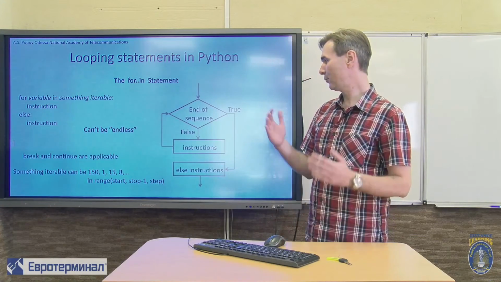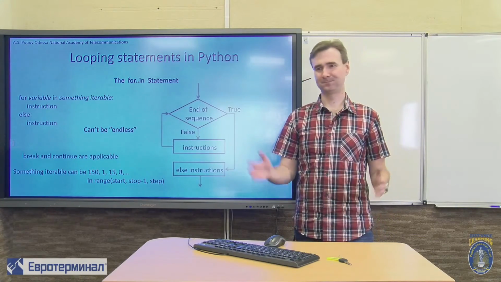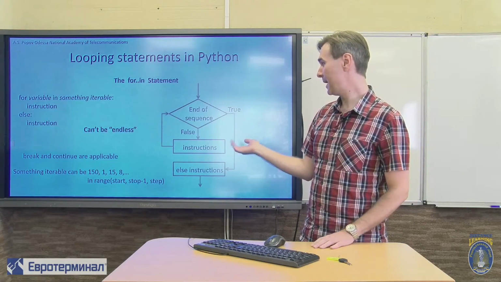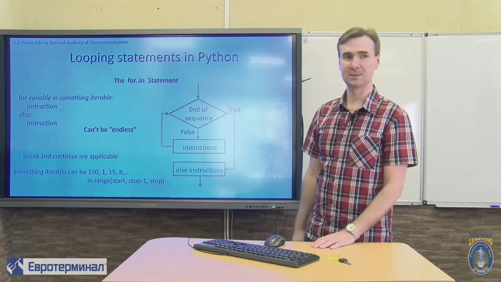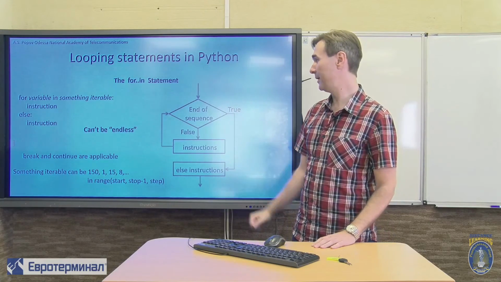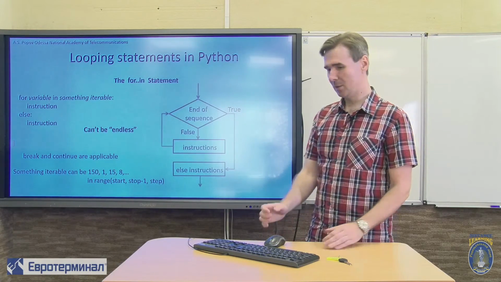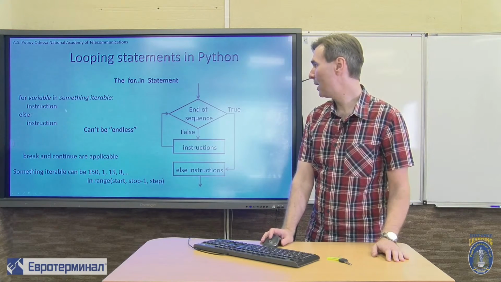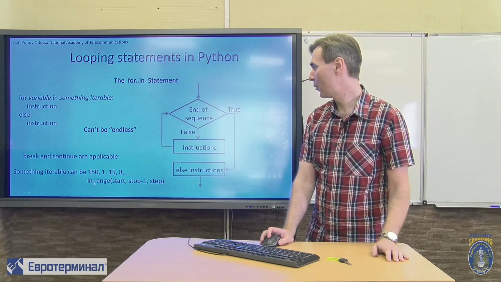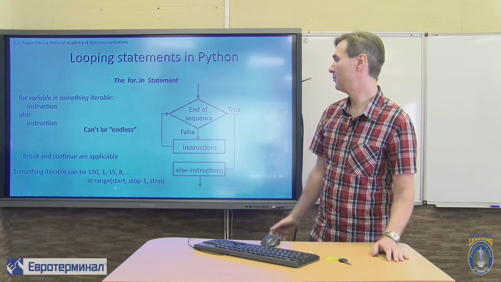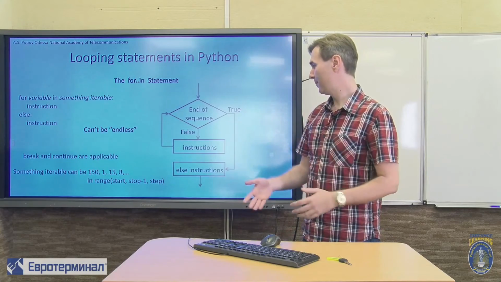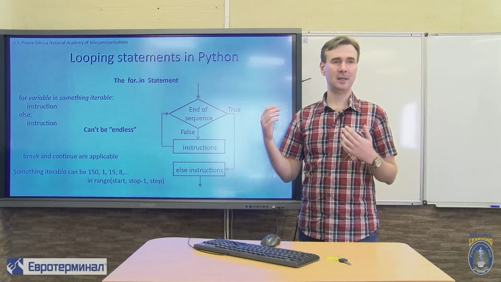How to generate an iterable object containing the necessary sequence you want to provide to the for statement? In this case, you use this syntax. You write in and then range, and then in brackets you specify the starting value, the last value, and step.